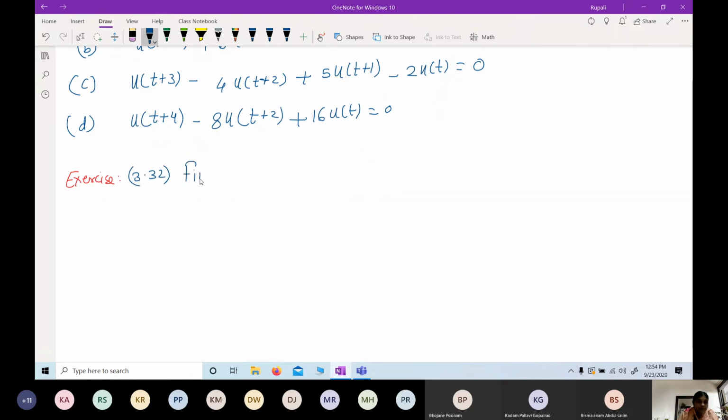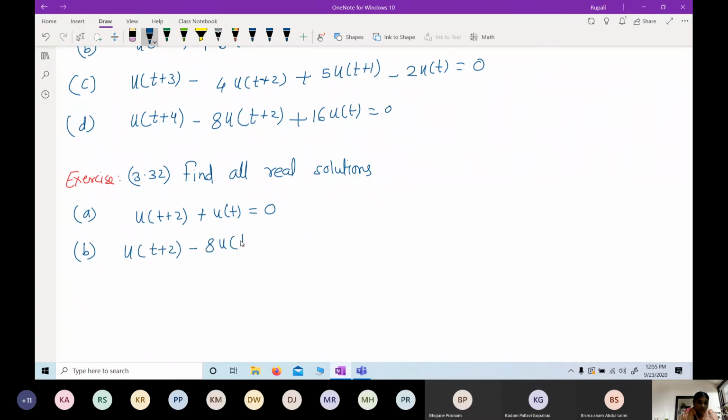Find all real solutions of the equations. A: u at t plus 2 plus u at t is equal to 0. B: u at t plus 2 minus 8 u at t plus 1 plus 32 u at t is equal to 0.